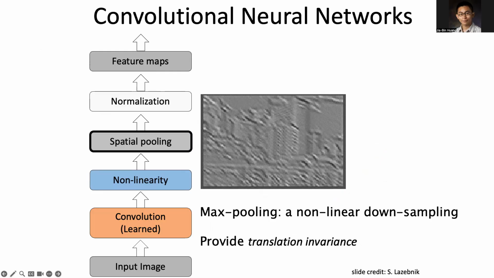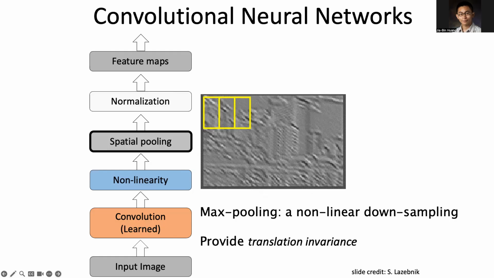So in convolutional neural networks, because it's very expensive to process every pixel, since the image may be high resolution, a common approach is to reduce the size of the resolution after you process one layer. Okay, so this is called spatial pooling.